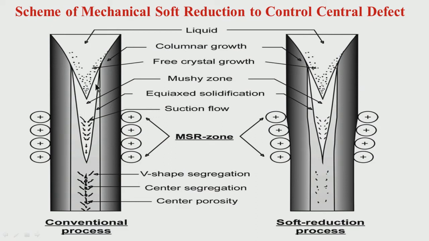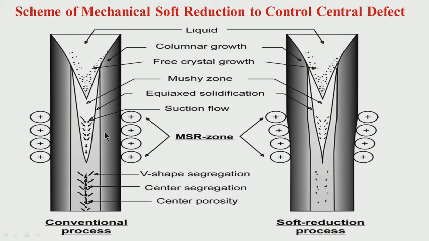If you put the pressure beforehand, it will be of no use. If you put the pressure after solidification is over, then also it will be of no use, rather it may generate cracks. I will come to it later on. So, what is important is you put pressure only at the final stage, in the area where the final solidification is taking place. This is very important.